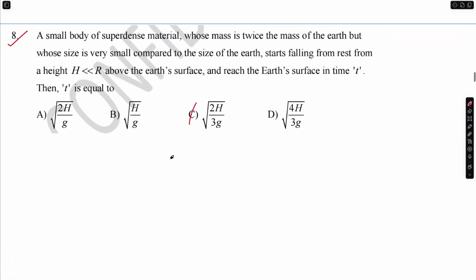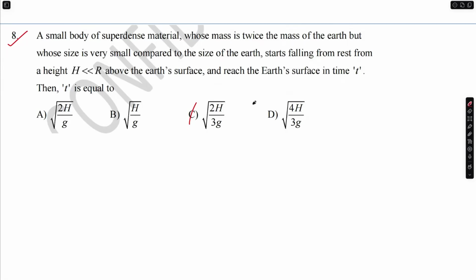A small body of super dense material whose mass is twice that of the earth, but whose size is very small, comparable to the size of the earth, starts falling from rest from a height h very small when compared to R above the earth's surface, and reaches the earth's surface in time t. Then time t is equal to.